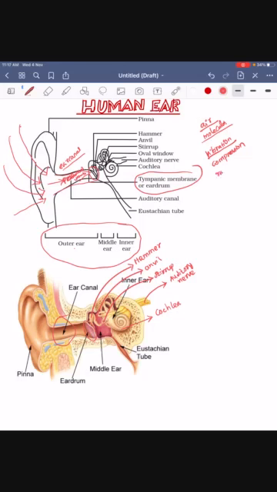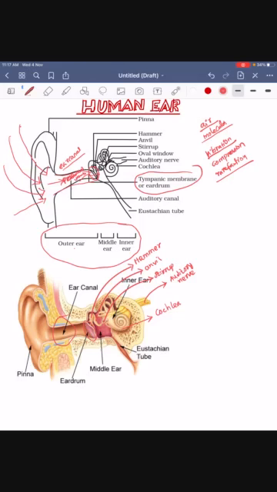Whenever the eardrum is compressed, the pressurized waves go inside and the pressure increases. When rarefaction happens, the pressure relaxes and decreases. When the eardrum is compressed, the pressurized waves are carried still further ahead.